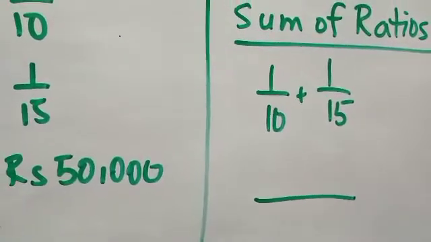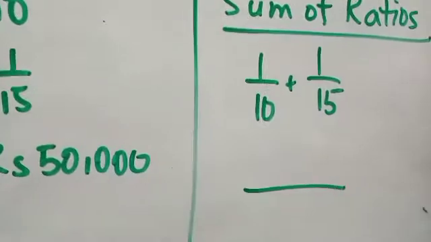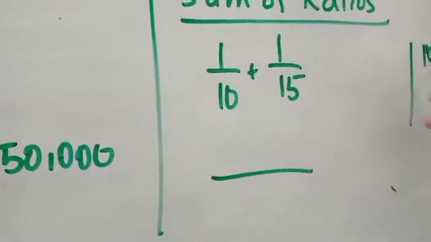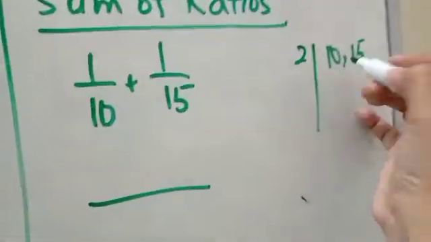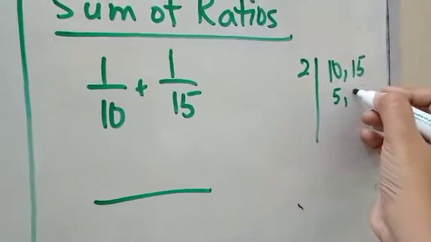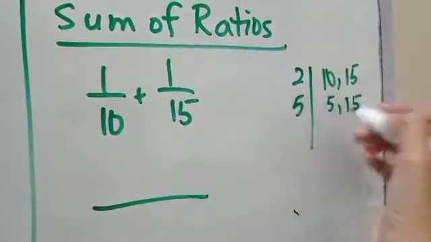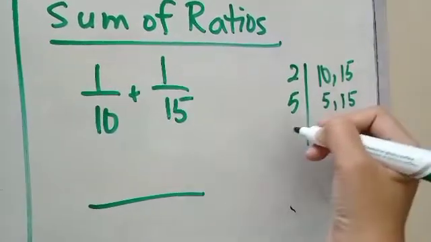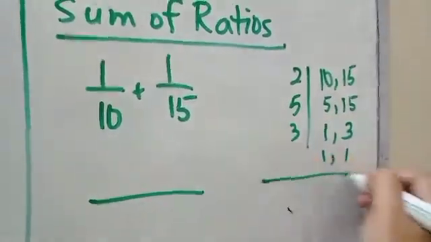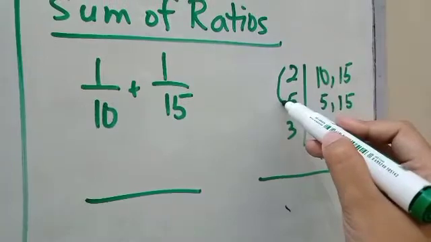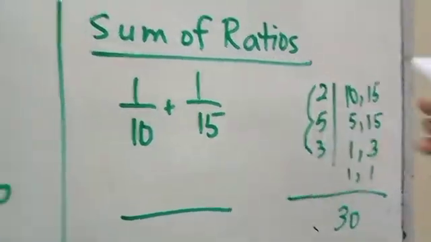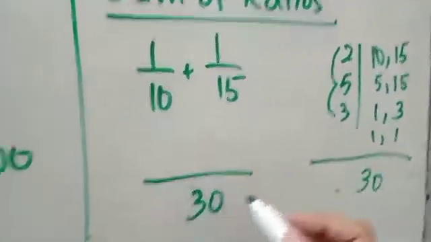The LCM of 10 and 15 I will take out, which will be here 2 5s are 10 and 15 will come as it is. Then 5 1s are 5, 3s are 3 and 1 will come as it is. So 2 5s are 10 and 10 3s are 30. So 30 is the LCM which will come down.